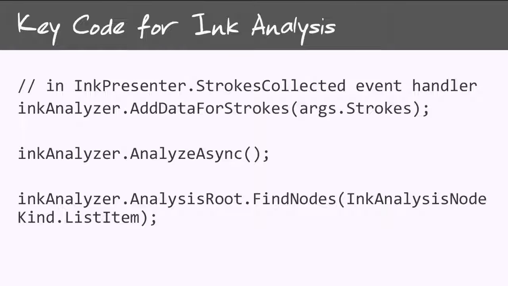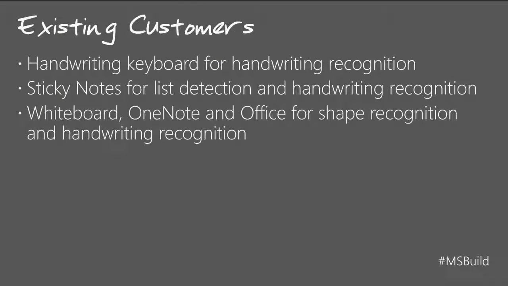And inside the result, you can call find nodes and look for the nodes that you want. You can also do the traditional tree traversal. You go from root and you find the children and children's children. So for this new API, we already have several big customers using it.